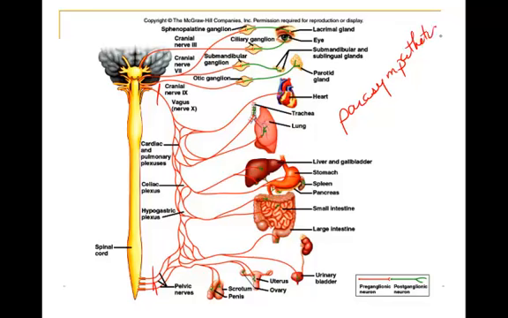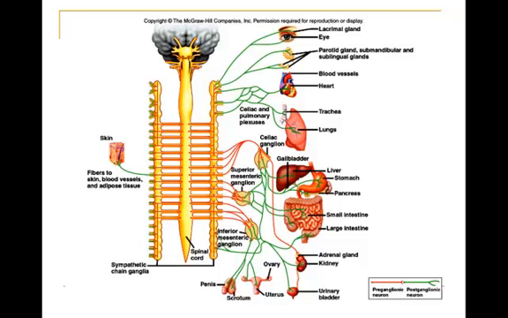Okay, and they're very long, and then they're short when they get to the organ, very short at the organ, versus the sympathetic, which has a very short first wire and a long second wire. Okay, a long second wire. Two steps.